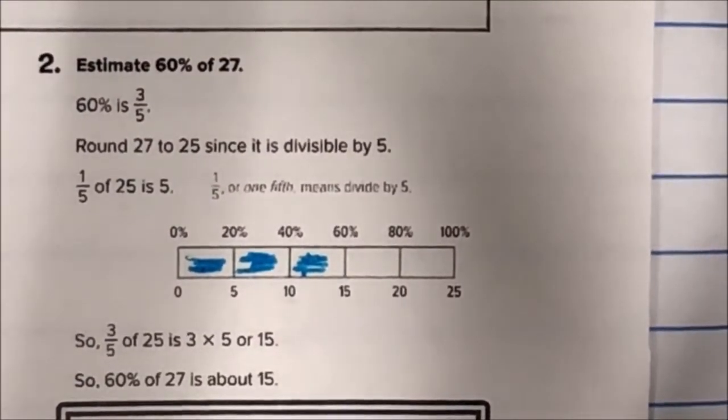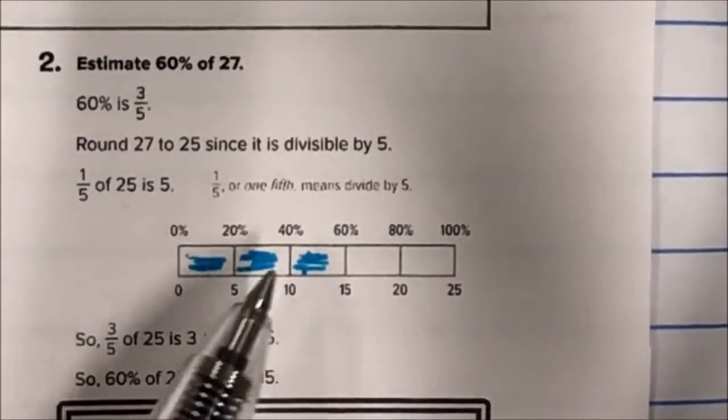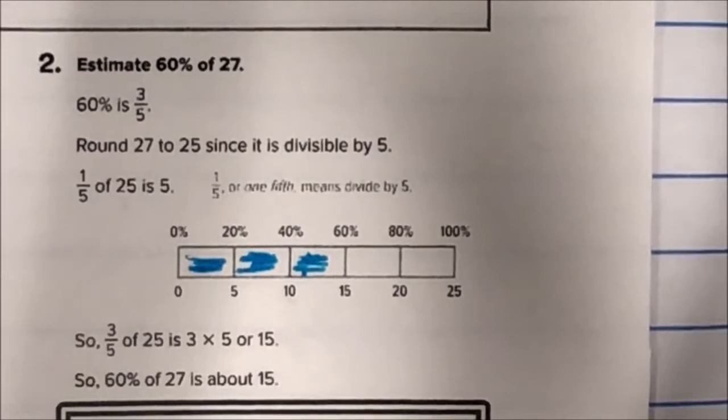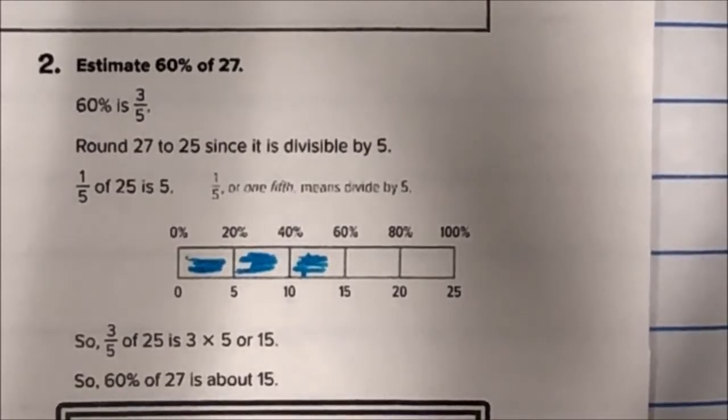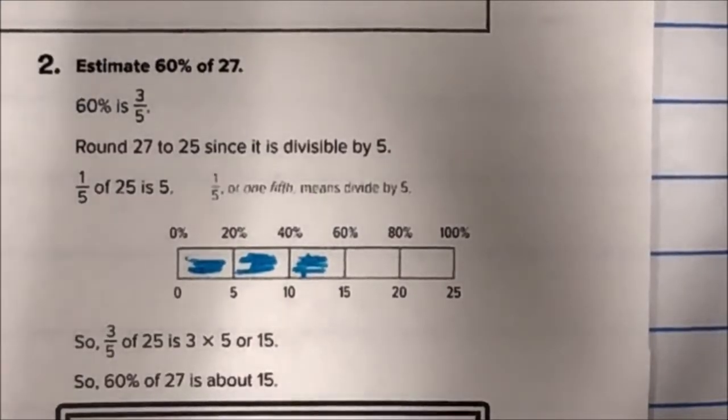So 3/5 of 25 is 3 times 5, which is 15. 3 sections times 5, which is 15. So 60% of 27 is about 15.